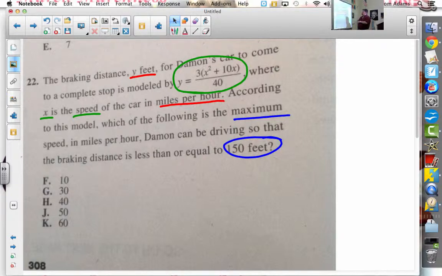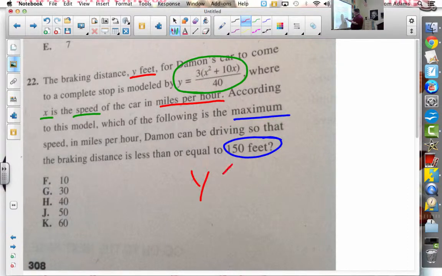According to this model, which of the following is the maximum speed in miles per hour that Damon can be driving so that his braking distance is less than or equal to 150 feet? So what we're looking for is y is less than or equal to 150.